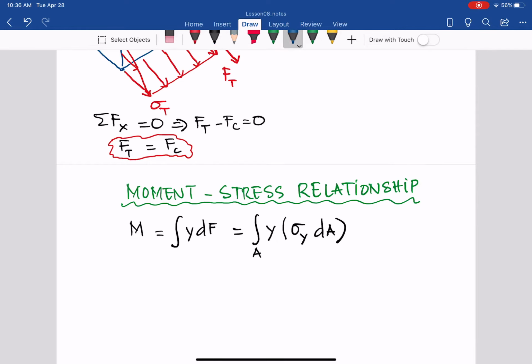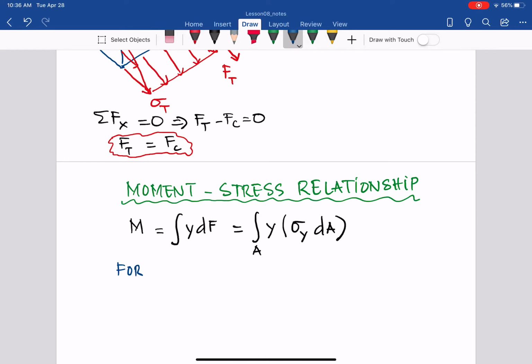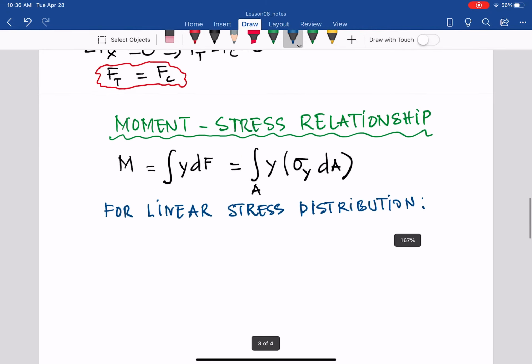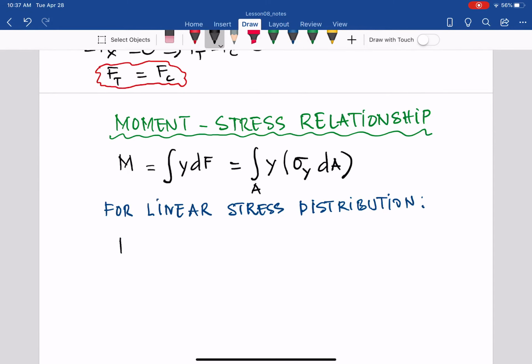And with that, if we apply a linear stress distribution, which is true for elastic behavior, which is what we are doing now, we will have M, and we write the integral throughout the cross section of y sigma y dA.